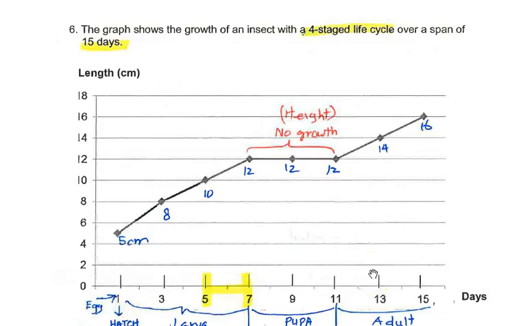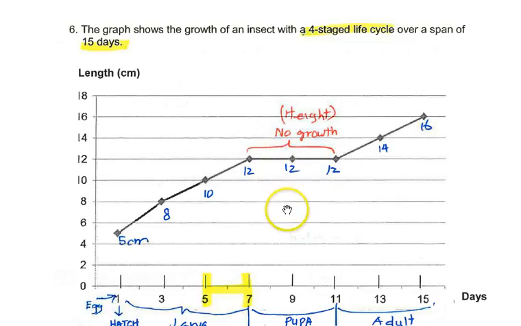Next, when you have a graph, it will be good for you to accurately determine and label the numbers. Okay, for here this is at 5 cm, this is 8, 10. Okay, look over here, 12, 12, 12. It means the growth, or the length of the insect, has not grown, remaining at 12, 12, 12.